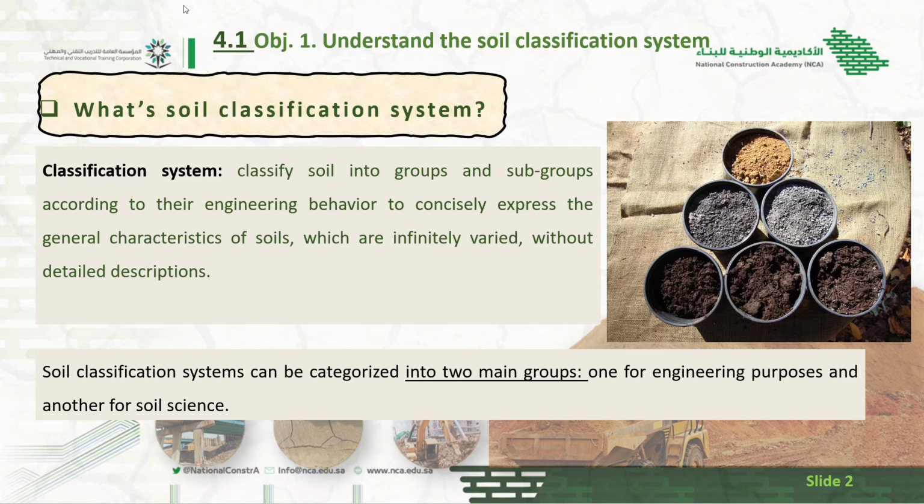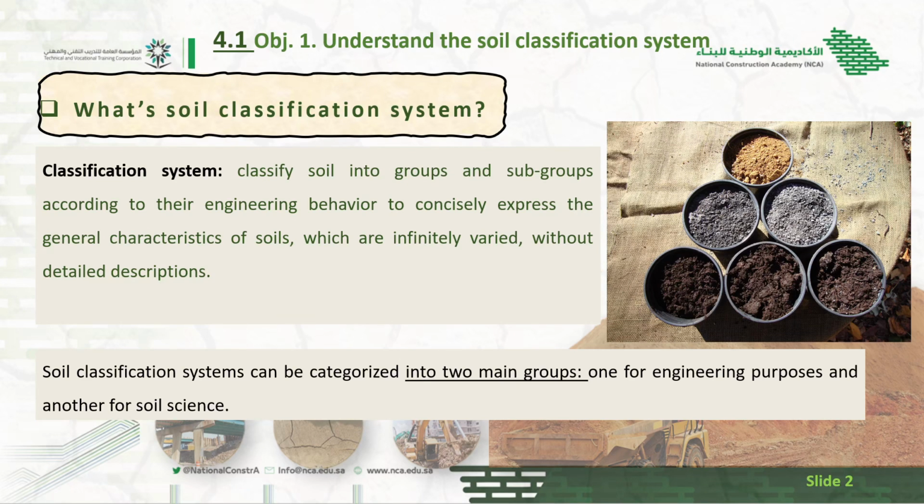So you can say: classify soil into groups and subgroups according to their engineering behavior, to concisely express the general characteristics of soil, which is infinitely varied, without a detailed description. So what does it mean? Different people or groups use soil for different purposes.